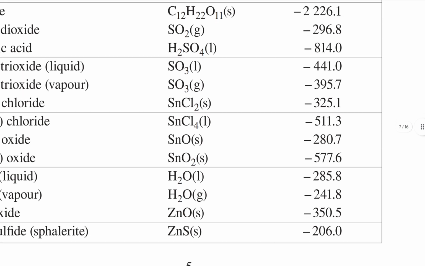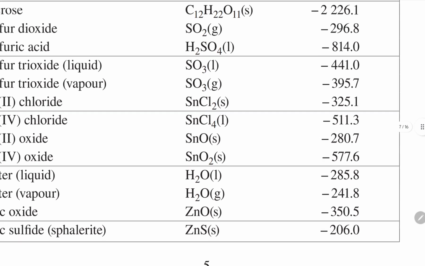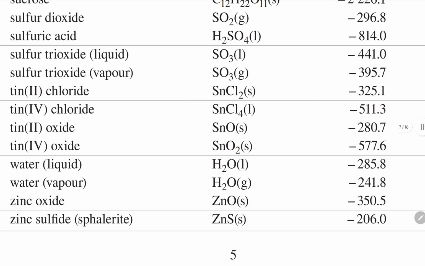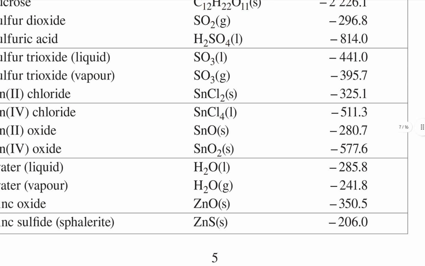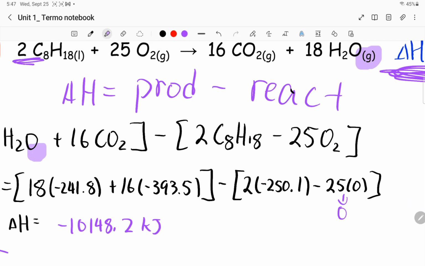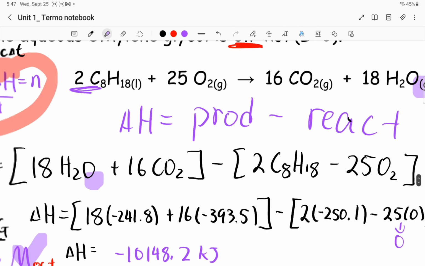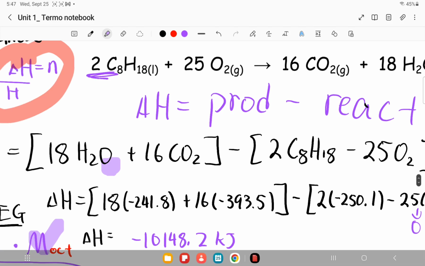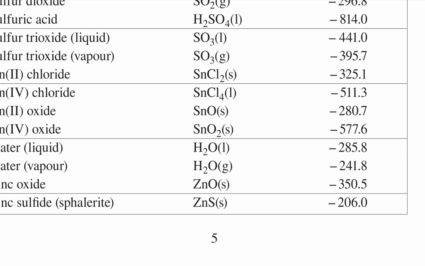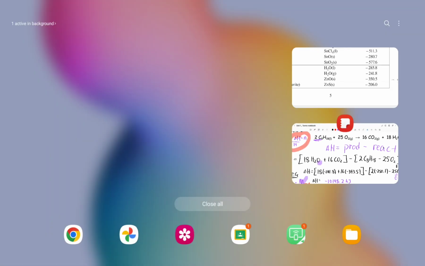The numbers are different, so we have to make sure that we use the number for the right state. Since it was water vapor, we're going to say negative 241.8 for our molar enthalpy of formation. Wait, was it gas? Yes, gas. So negative 241.8.